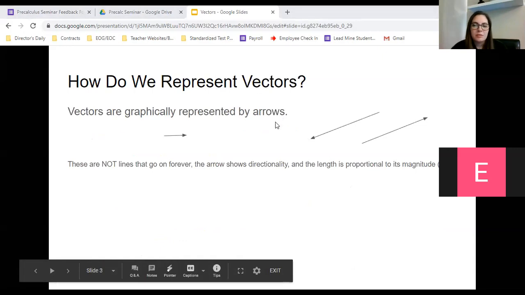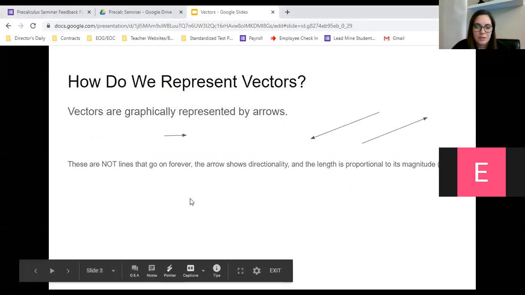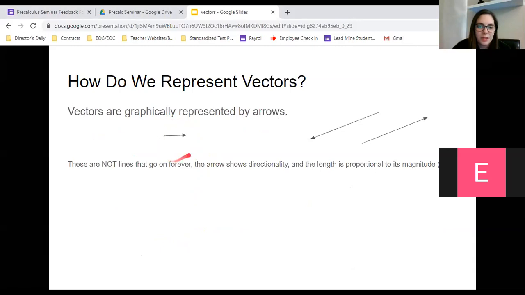All right, so vectors, we can represent them a couple different ways. The first way is using arrows. Let me actually use this. All right, so you can kind of see my pointer here. So we've got an arrow here. This would be a vector that's facing east. It's fairly small in comparison with these two vectors over here. Now, something I want to point out with these vectors is that they have directionality.